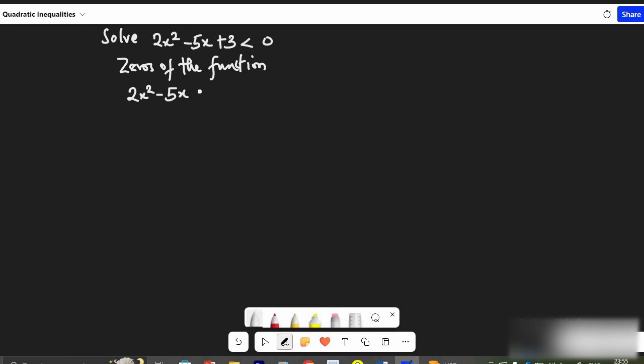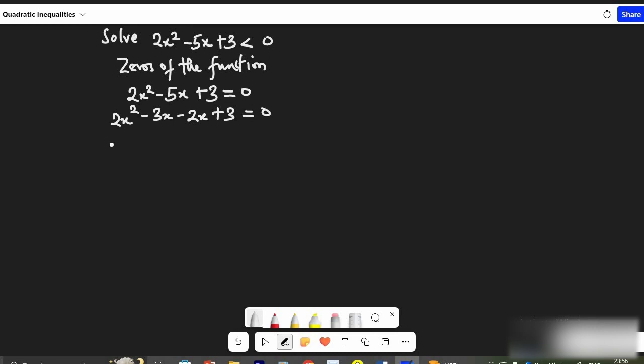Simply equate the quadratic function to 0. Okay, so equating this to 0, we have that 2x squared minus 3x minus 2x plus 3 equals 0.